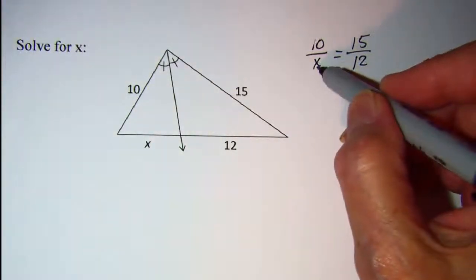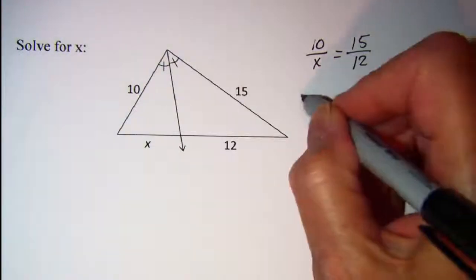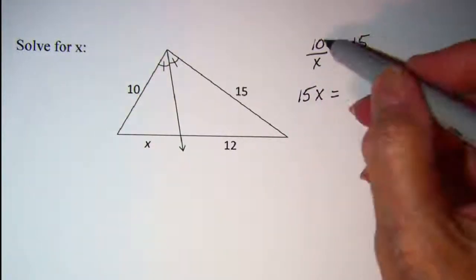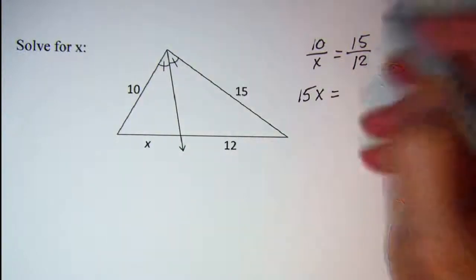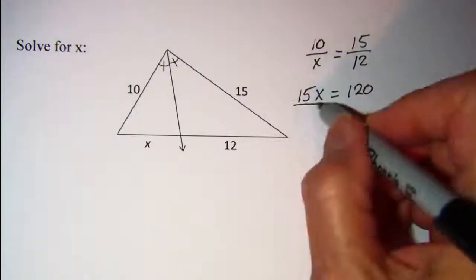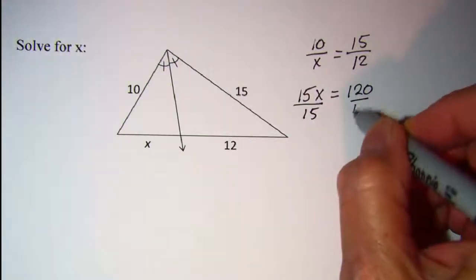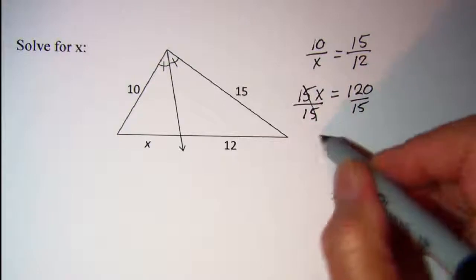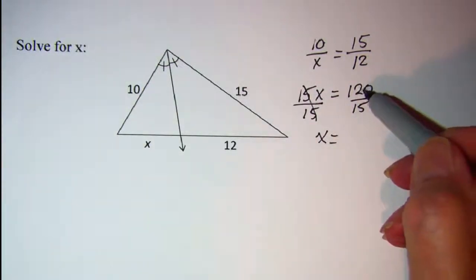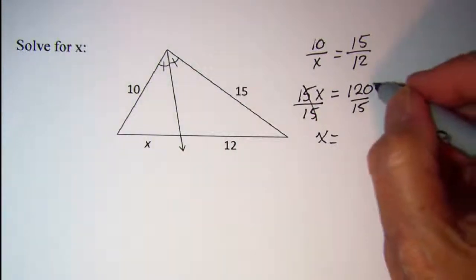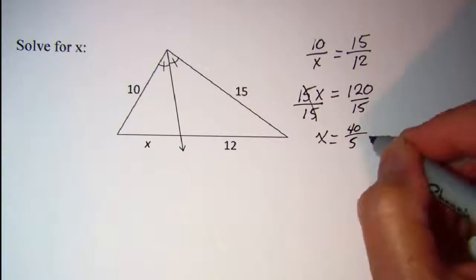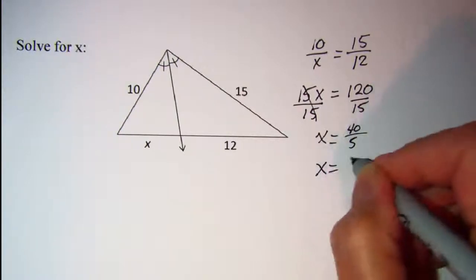Solving with cross multiplication, we have 15 times x is 15x, and that equals 10 times 12, or 120. Divide both sides by 15, and x is equal to, so I can divide by 3 on both. This will be 40 over 5, which is 8.